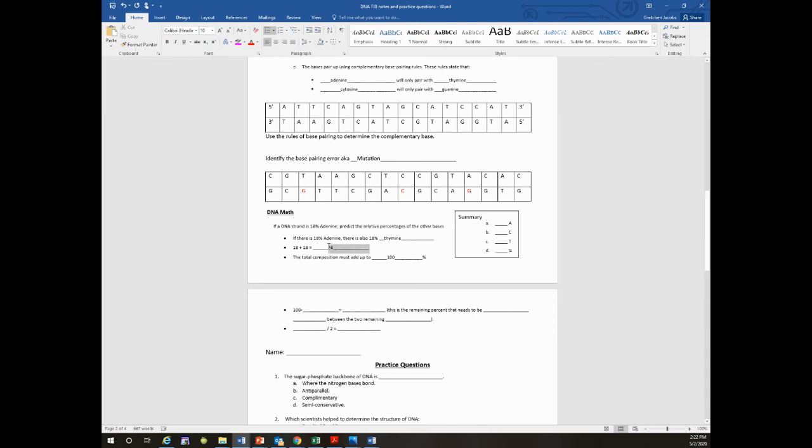So if we've used up 36% and we have 100% as our total that we need to add up to, we can go ahead and fill this in right here. We have 18% adenine, 18% thymine. Again, that gives us 36. 100 minus 36 is 64.